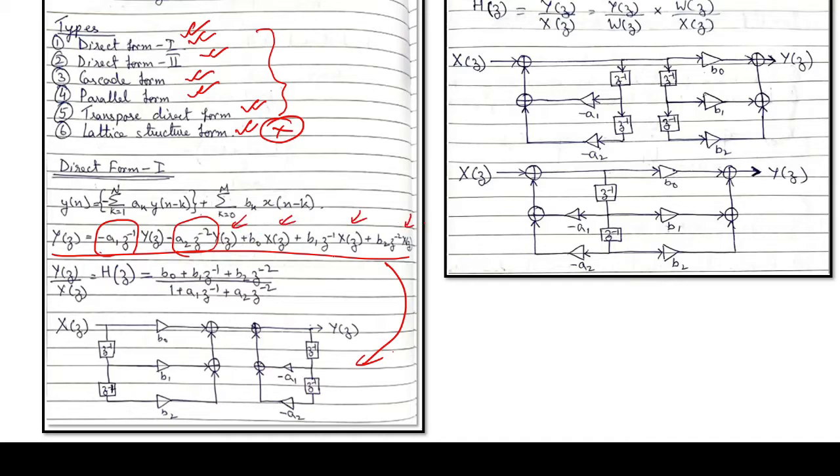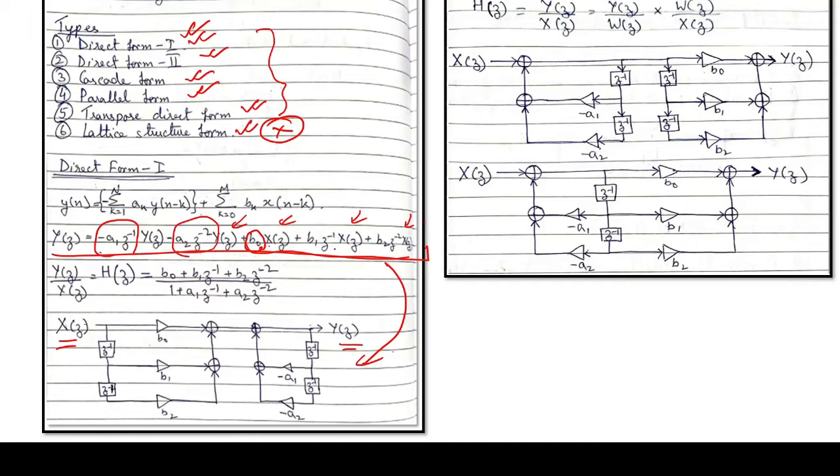If you see, on the left hand side we will put X(z), on the right hand side we will put Y(z). So these are the X(z) components. In the first case there is no delay, so it passes through the B0 multiplier and goes to the adder.